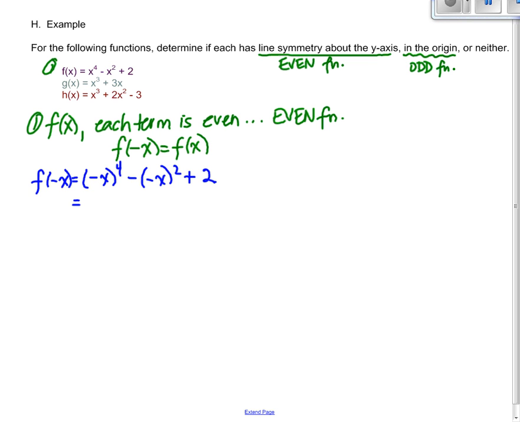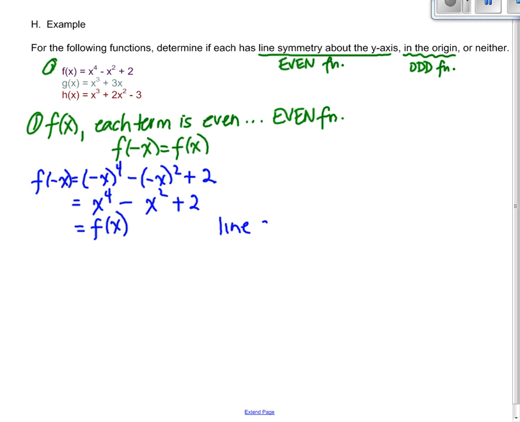Let's tidy that up. If I do negative x to the power of 4, I have negative x times negative x times negative x times negative x. I have positive x to the 4th. Take away negative x squared is 2 of them, so negative times negative is x squared, plus 2. That is identical to the function that I started with, so f at minus x is equal to f at x. This is an even function.